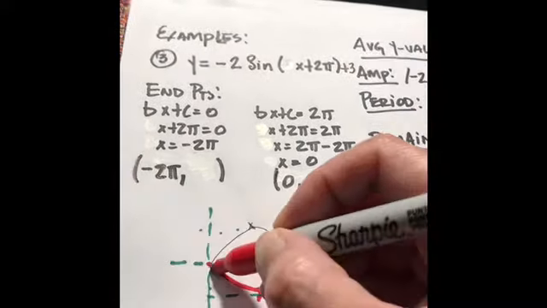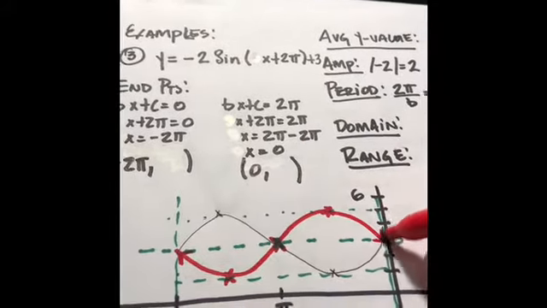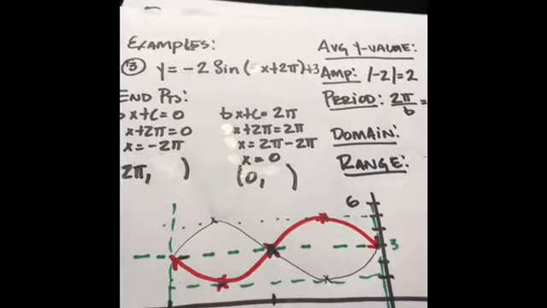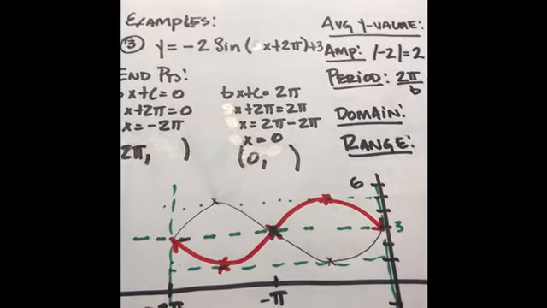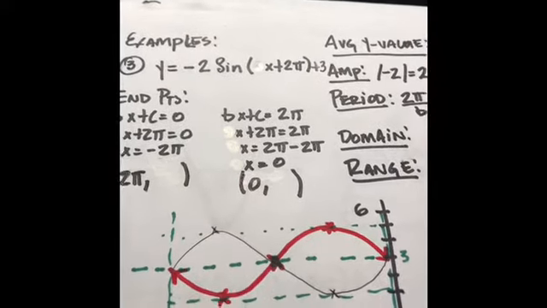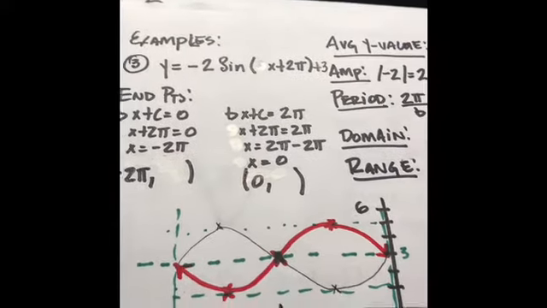The red one is my actual final graph. The reflected graph, I just reverse it over the average y value. That's all that is to it. Okay, so the average y value of this one, y is equal to positive 3 because the graph got shifted 3 units up.